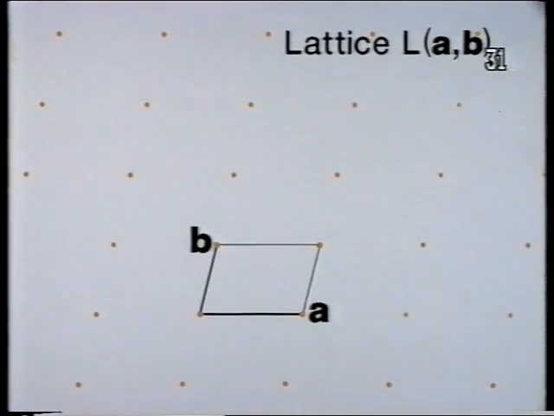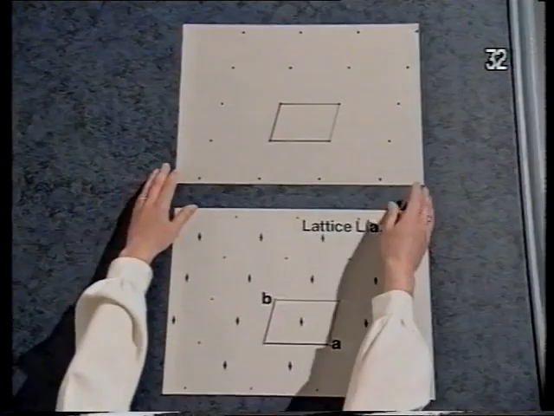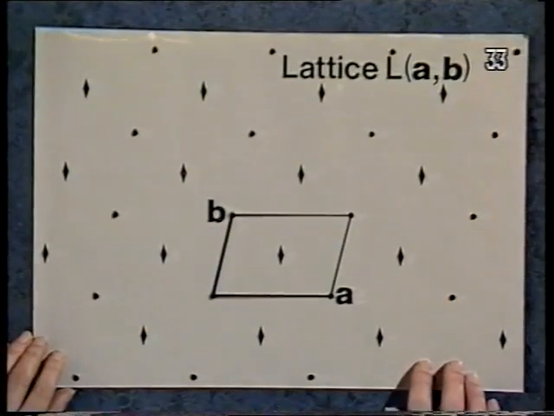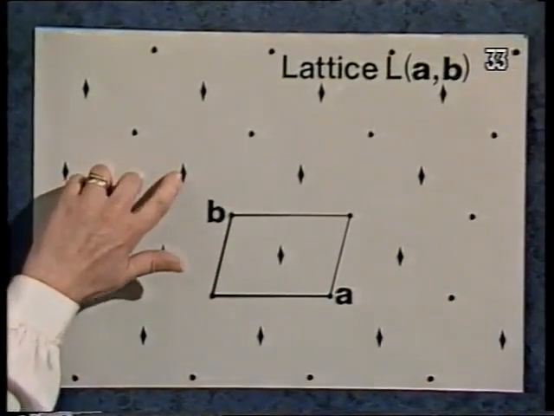Now, what about rotational symmetries? Well, every parallelogram has a centre of rotational symmetry of order 2 about its centre. And so every lattice has rotations of order 2 about the centre of each translated image of the basic parallelogram. Take this point, for example.